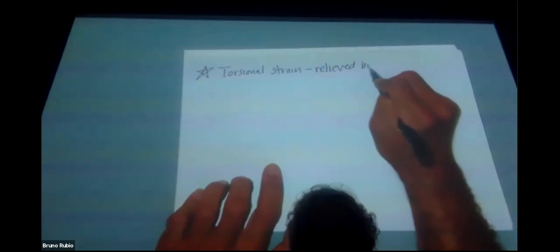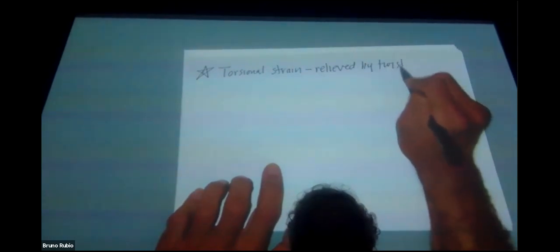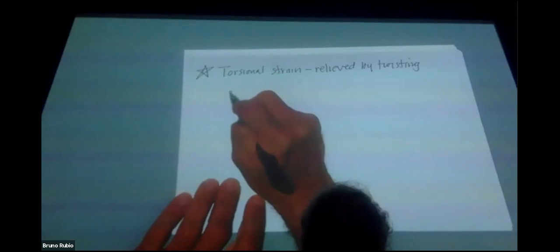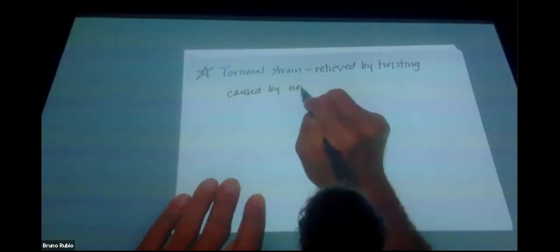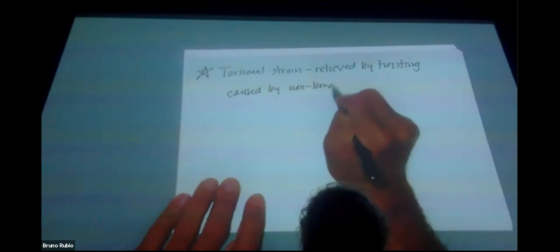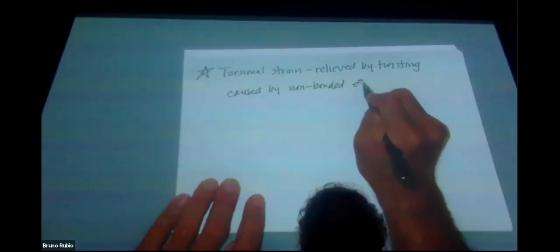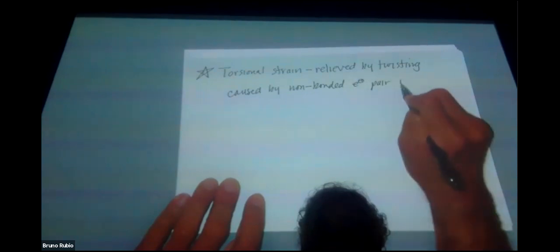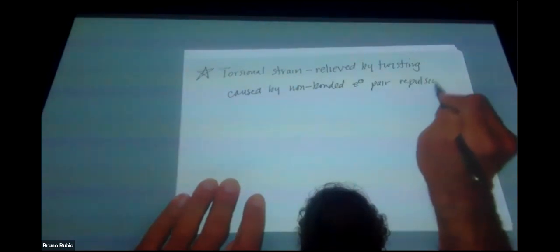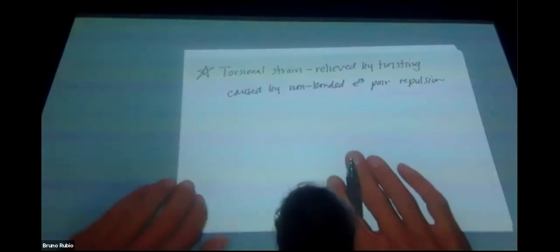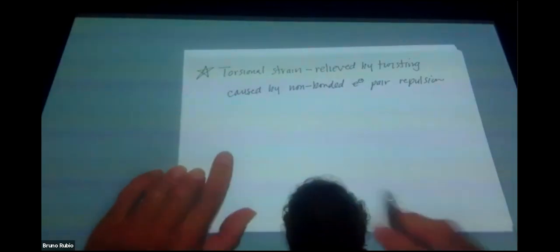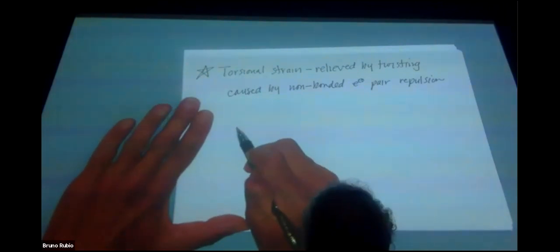The origin of torsional strain, just like with steric strain, is caused by non-bonded electron pair repulsion. To understand what exactly is going on here, let's look at a little molecule.